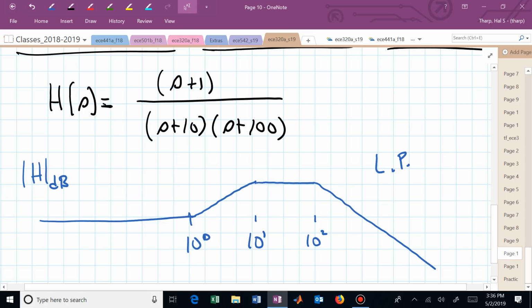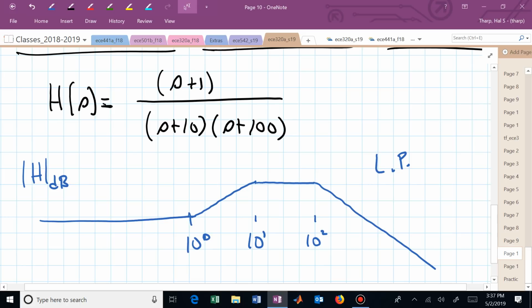How much phase is the zero factor going to contribute? 90. So now I'm at 90. Then I have a pole at 10. What does it eventually contribute? Minus 90. Now at that point I'm at nothing in terms of angle. I'm at 0. And then what happens to the pole factor at 100? How much does it contribute? Another minus 90. So you look, you have 2 poles, 1 zero. Your pole-zero excess is actually 1.